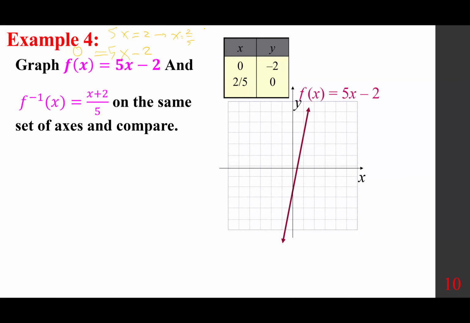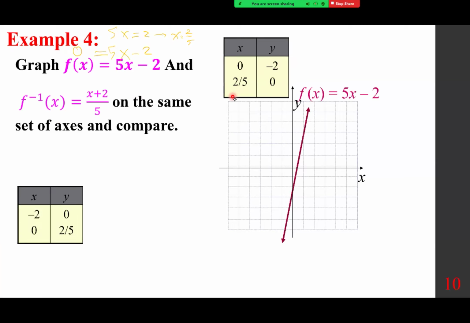So it looks like this. (0, negative 2). 2/5 is a little bit less than 1/2, so somewhere here. And that's your graph. Now, if I want the inverse, I can use the same pairs and reverse them. So (negative 2, 0) and (2/5, 0) becomes (0, 2/5).